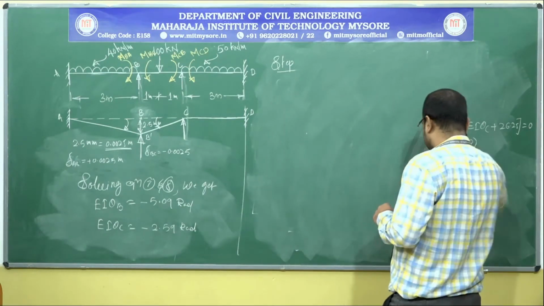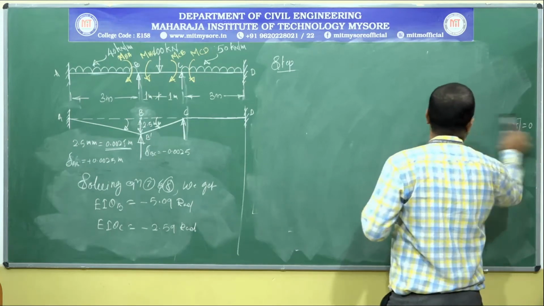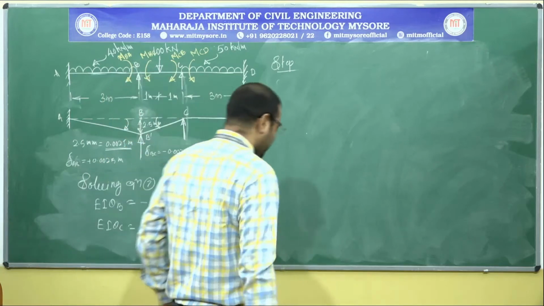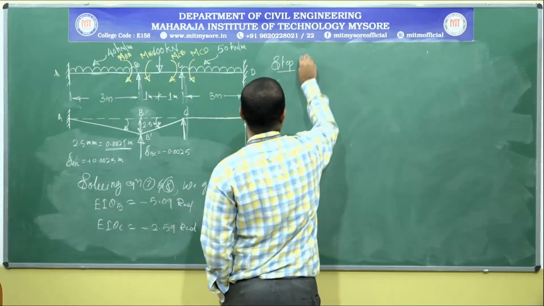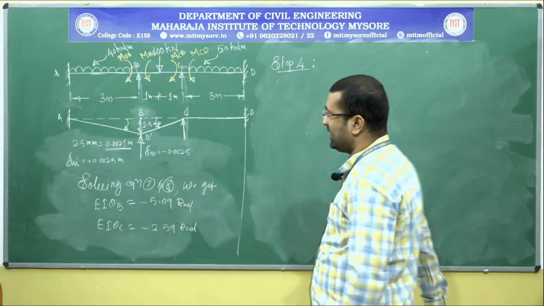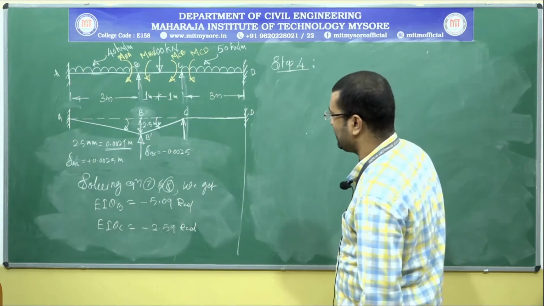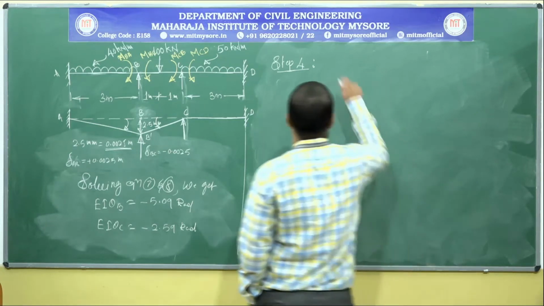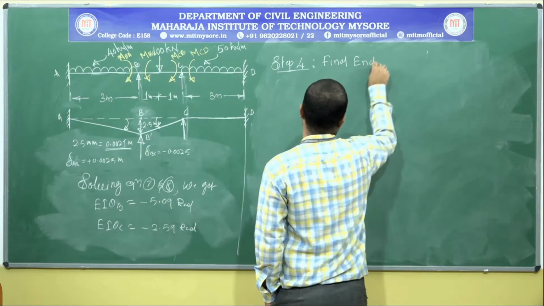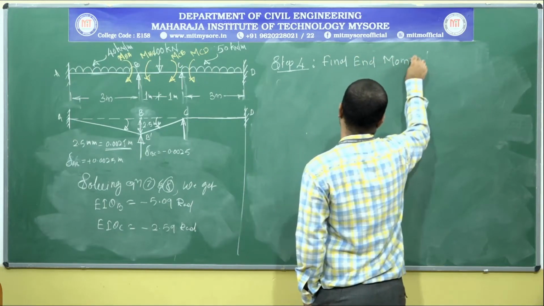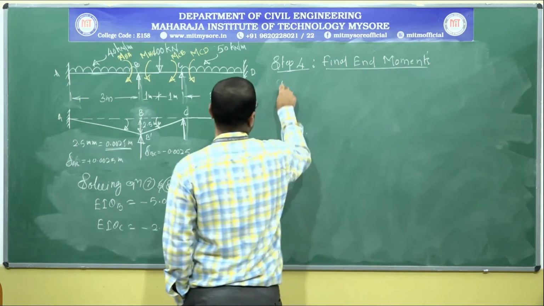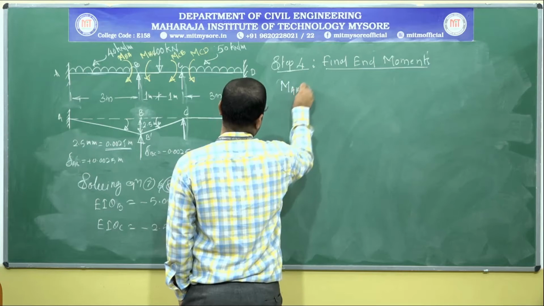For that, I will make use of two things: the slope deflection equations from step number 2 and the rotation values, EI theta B and EI theta C, from step number 3. Final end moments. So MAB.